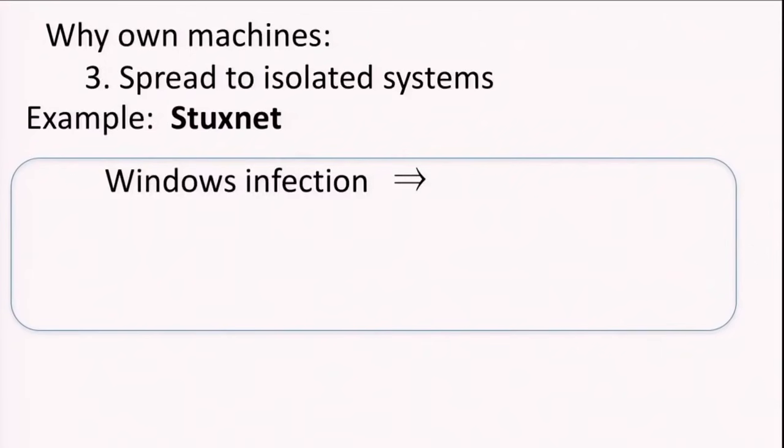The other issue is that sometimes we feel comfortable when we think that our machine is air-gapped, or not connected to the internet, and we think it's okay to not be so worried about security. But the example of Stuxnet, which attacked the nuclear enrichment plant in Iran in 2009, showed that even in an isolated system you can spread a malware.